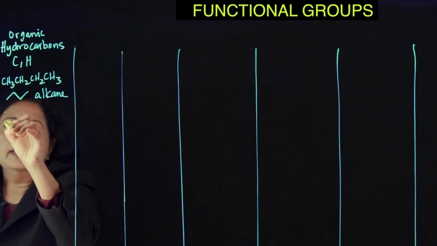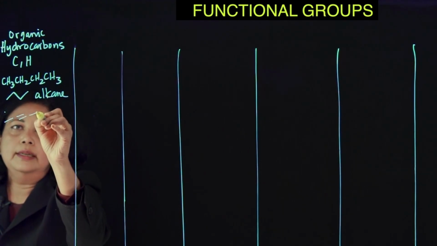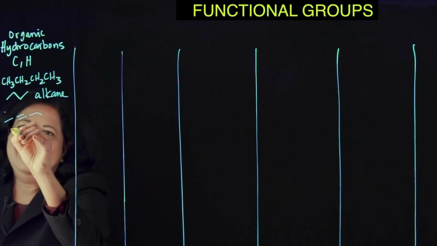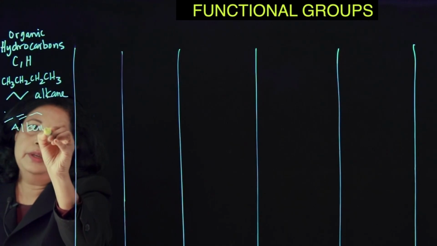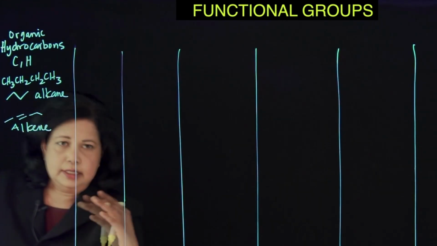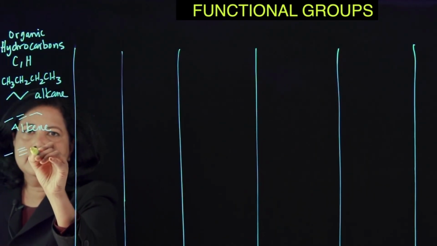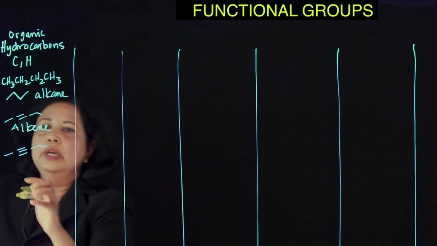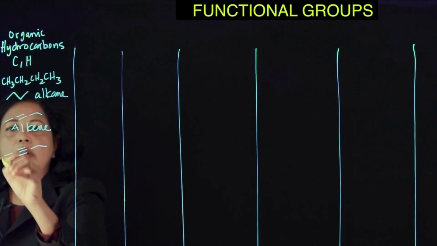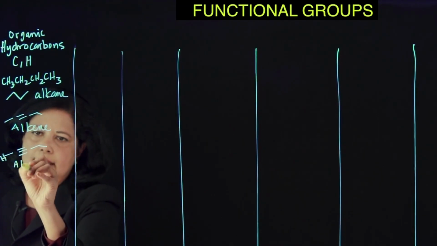Or you can have a double bond. That is going to be an alkene. And you can have internal alkenes, or you can have them at the end where they're terminal alkenes. Or you can have alkynes, all kinds. There too, you can have a terminal, or like this, or you can have an internal alkyne.